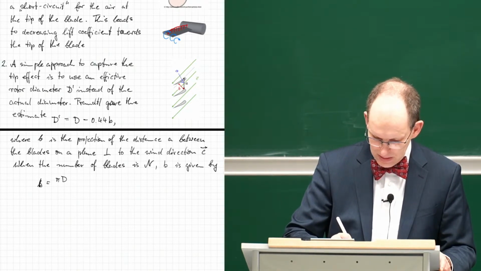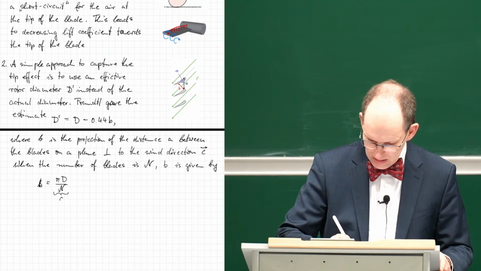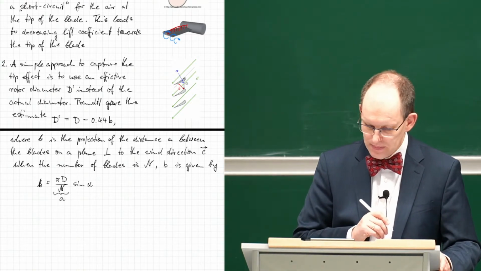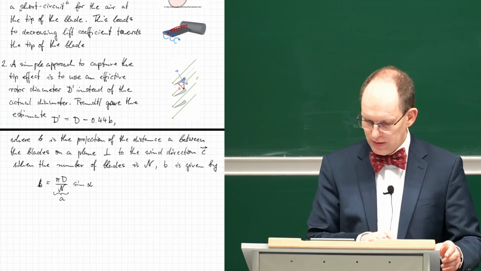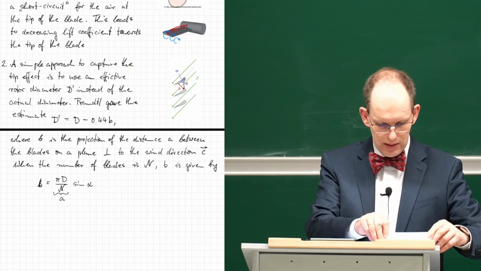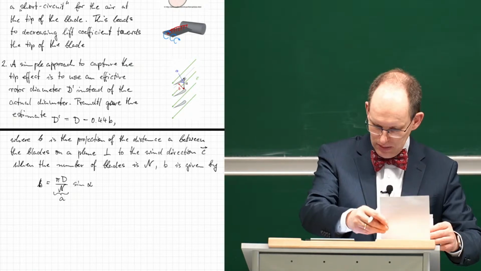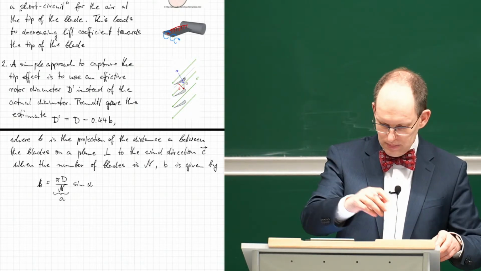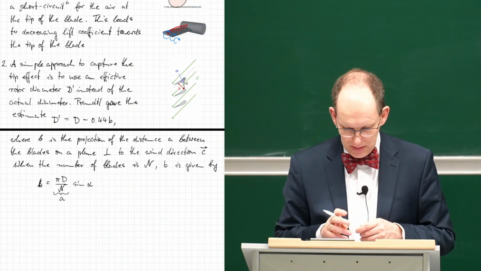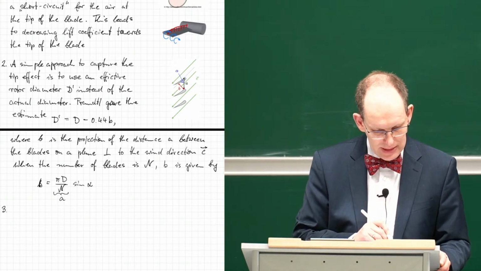So pi times D divided by N, so this is A, times the sine of alpha, as defined in the figure, as we defined it all the time. Now we need to replace sine of alpha. We want to have a closed expression for that.